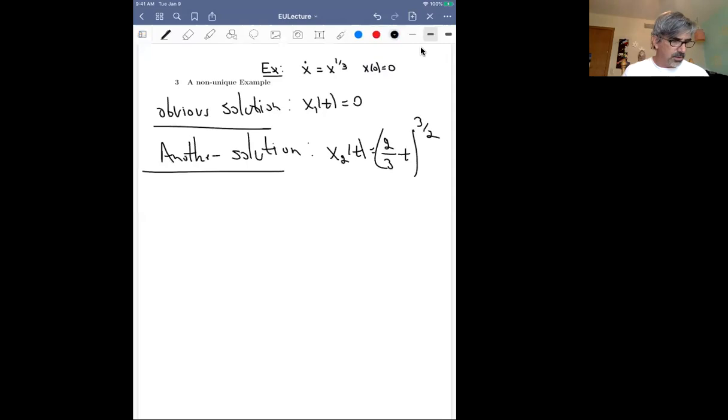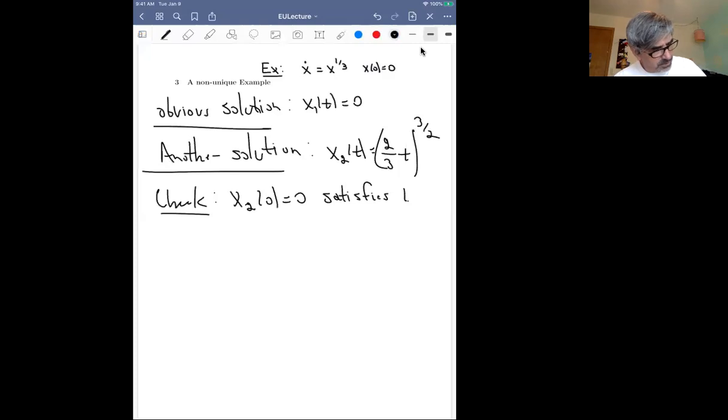I claim that's another solution, so let's check that it is indeed a solution. There are two things it has to satisfy: the initial condition and the differential equation. Satisfying the initial condition, x2 of 0 is clearly equal to 0, so it satisfies the initial condition.